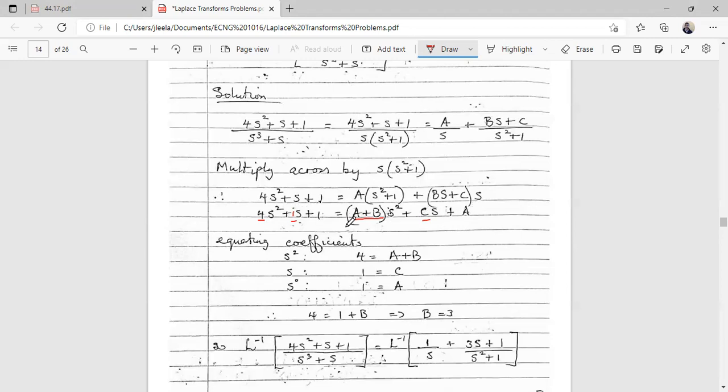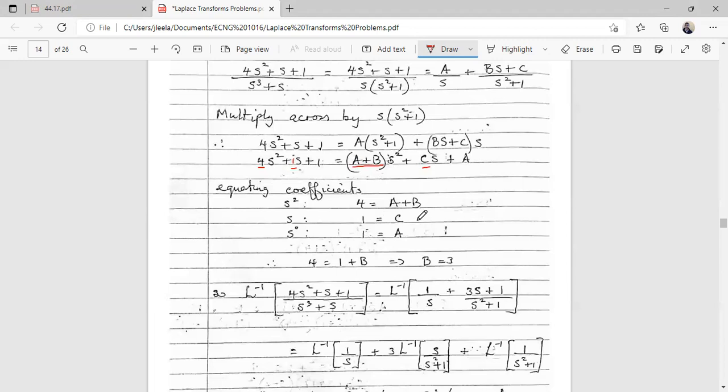And then a is your coefficient of s to the 0, and your coefficient of s to the 0 here is 1, so a is 1. So we get c and a directly by equating coefficients, and we get a simple equation with a and b to find b. All we do is put in a equal 1, right? So that means b will be 3.